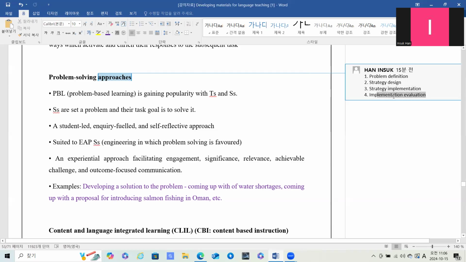And then they evaluate or assess the outcomes of their strategy implementation. In this stage, they compare the outcomes, or what they have observed, to their established problem-solving goals. If they recognize that the goals and the outcomes are well matched, their problem solving is successful.